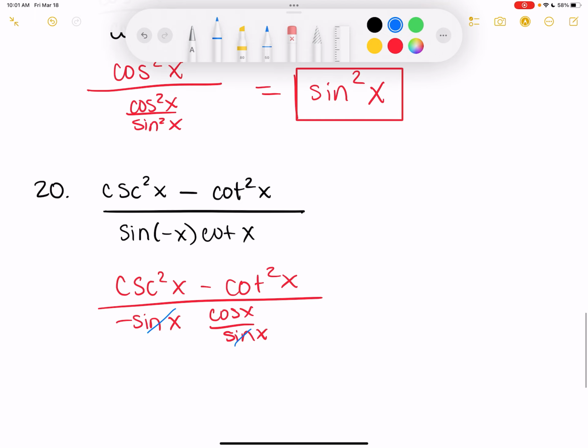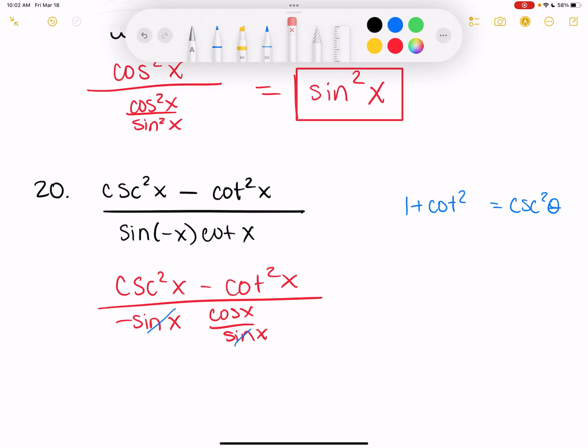Now, any ideas what I'm going to do at the top? Is there a Pythagorean identity that includes both of those things? 1 plus cotangent squared theta equals cosecant squared theta.